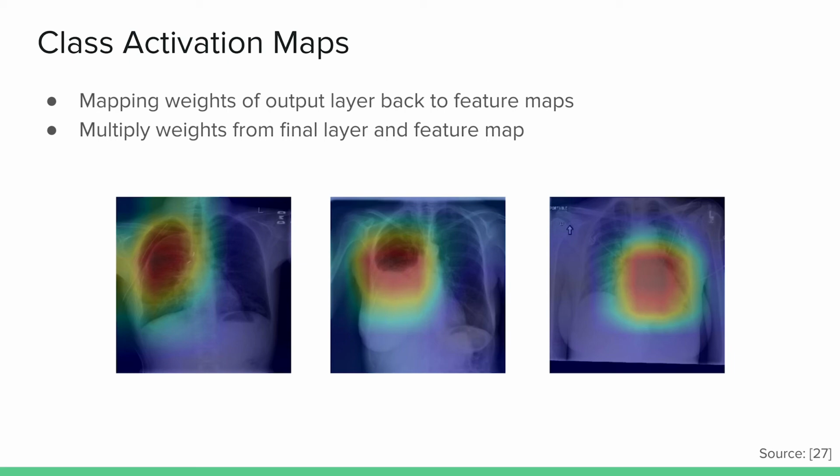We multiply those features with the weights of our last layer, and that gives us an activation map which says which features were related to which part of our last layer, which still has the spatial information for images, for example.